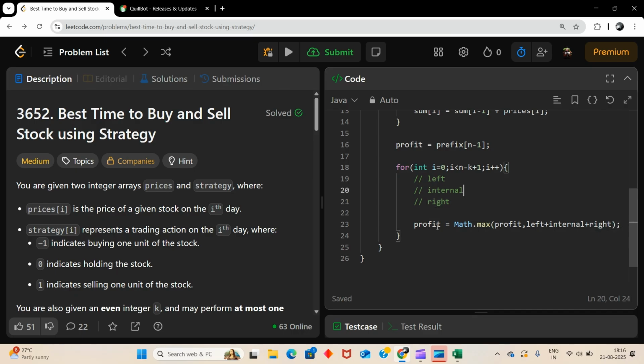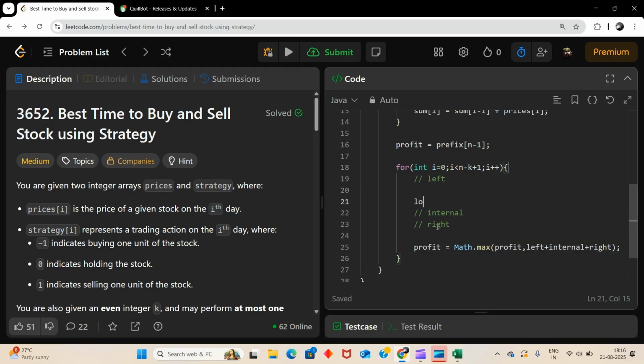Now let's calculate each. Long left will be, if my i is greater than 0, then it will be prefix, not sum.